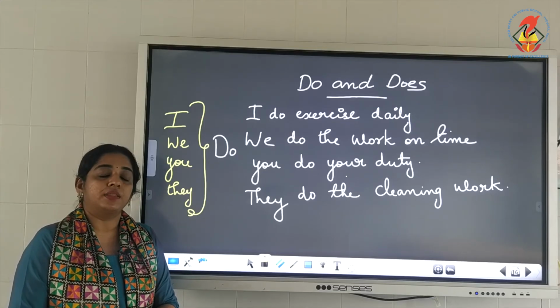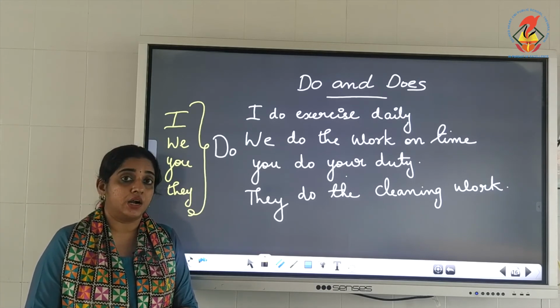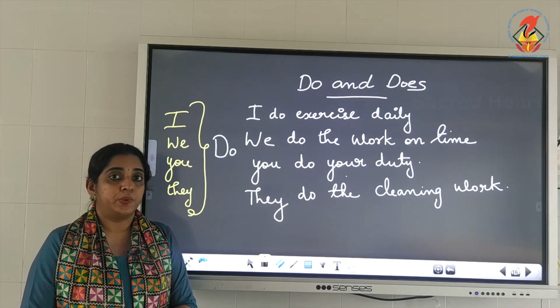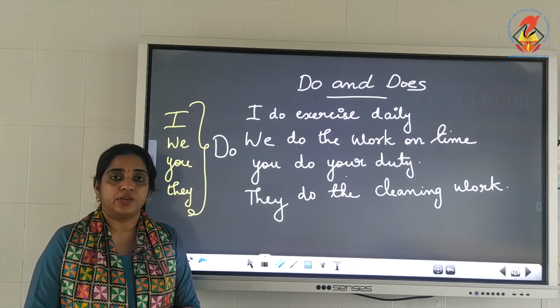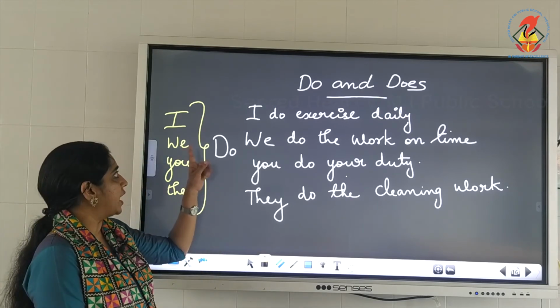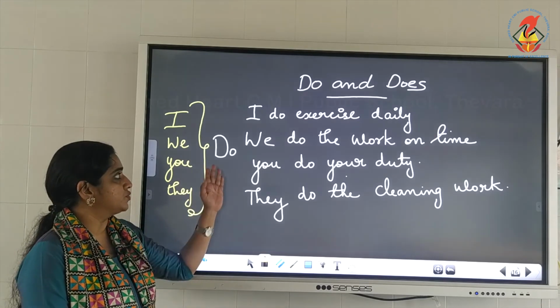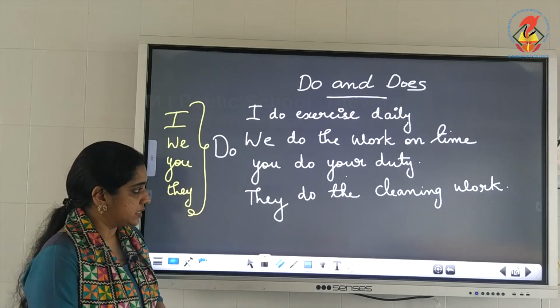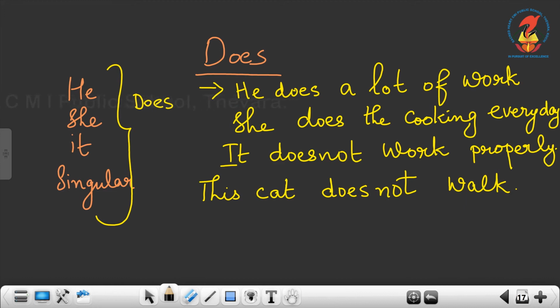For example, the cars do not move fast. The cars, C-A-R-S, cars. That is a plural subject. Do not move fast. So, for I, we, you, they and all plurals you should use do. Always remember. And the next one is does.